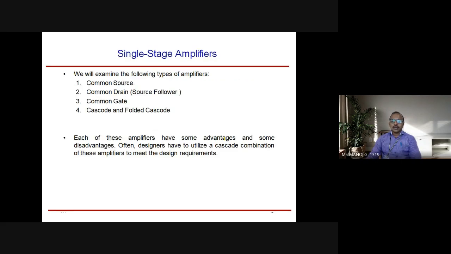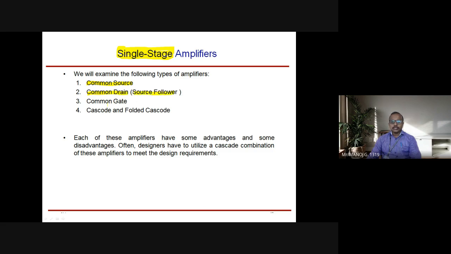Now we will study the single stage amplifier. This is the first amplifier we are going to study. There are also multi-stage, but in single stage, generally, there are four major types of amplifiers. One is called the common source. This is the most predominantly used amplifier. The next one is common drain, otherwise called source follower.